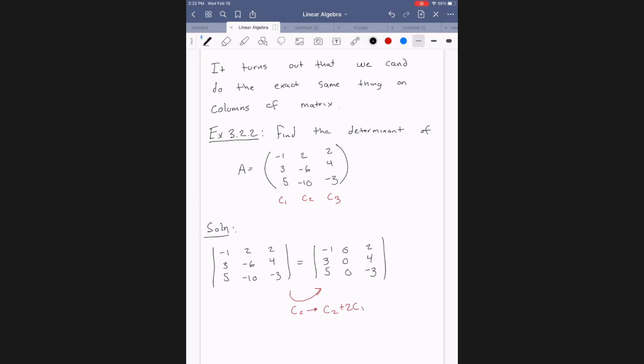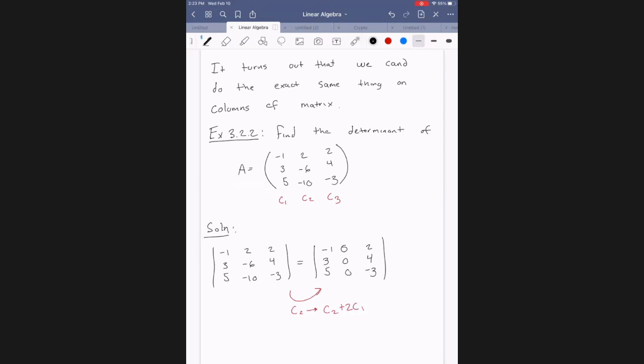Okay, now let me ask you, what's the determinant of this thing now? You should be just trying to do the normal cofactor stuff. Yeah, 0, right? Because if you cofactor expand across the second column, all those things will get a 0 multiplied, and all of them just go away, so it's 0.